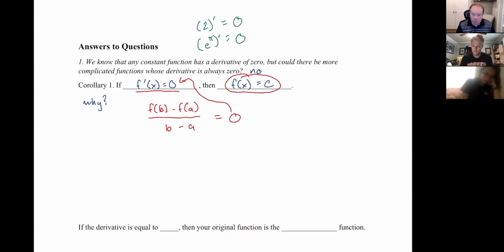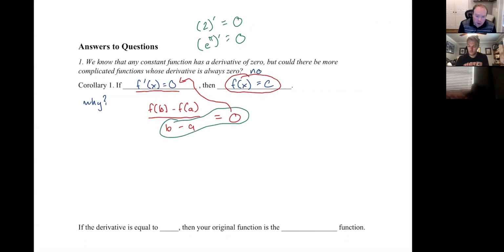So instead of f prime of c, we're just going to say that the derivative is 0. Let's not necessarily solve it, but just move things around. When we cross multiply, the denominator crosses out. So we have f of b minus f of a, and this will be equal to 0.